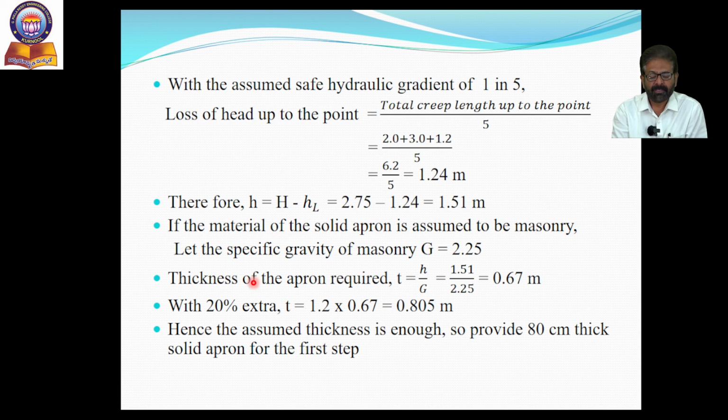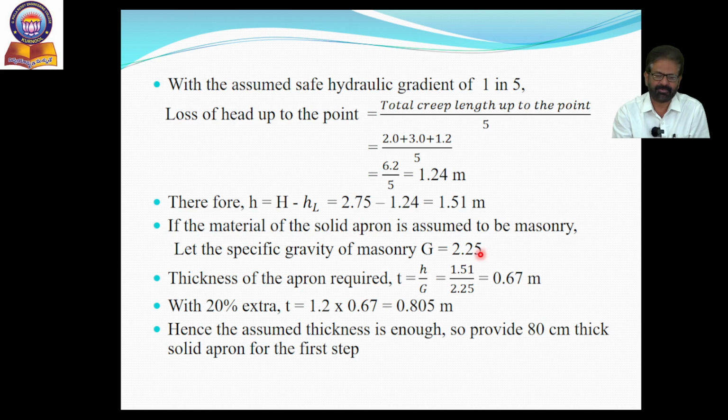Another assumption: if the material of the solid apron is assumed to be masonry, let the specific gravity of the masonry G be 2.25. Everyone should remember the specific gravity of standard materials like concrete, masonry, water, etc. The specific gravity of water is 1, the specific gravity of concrete is nearly 2.4, and similarly the specific gravity of masonry is 2.25.